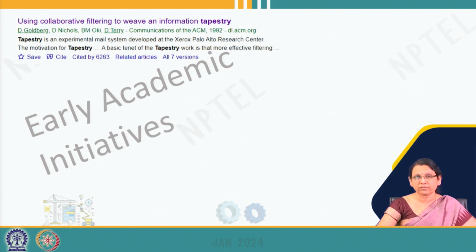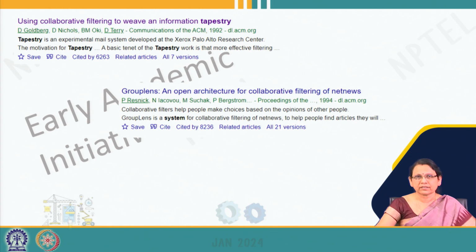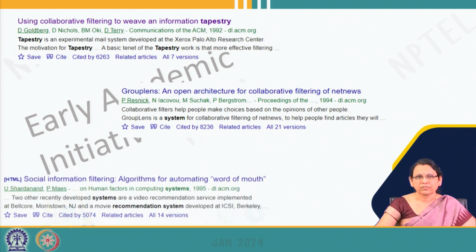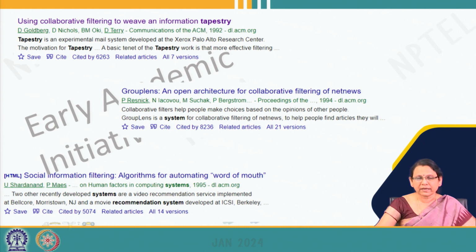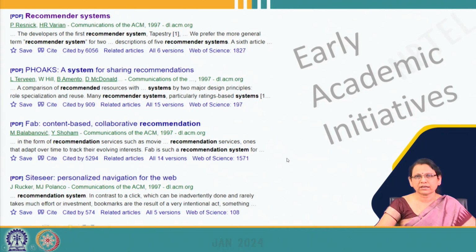One such initiative dates back to 1992, an application developed by Xerox Palo Alto Research Center, on making a collaborative filtering algorithm to build an information tapestry. Then GroupLens is another such initiative. Then at MIT Media Lab, there was an initiative to automate word of mouth. This is also one form of collaborative filtering that we are going to see, and there are many more.